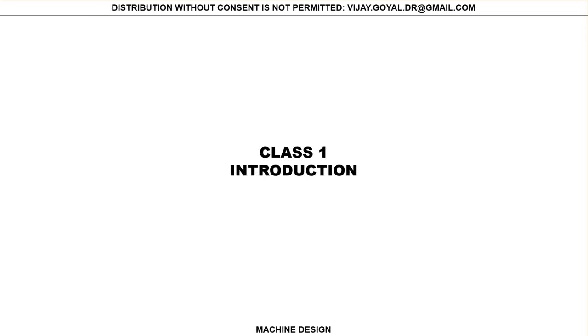Today's topic was kept short. This is just the introduction: what is machine design and what are we trying to do? In summary, I would like somebody to answer me: where are we designing again? Very good. We are designing at the critical location.